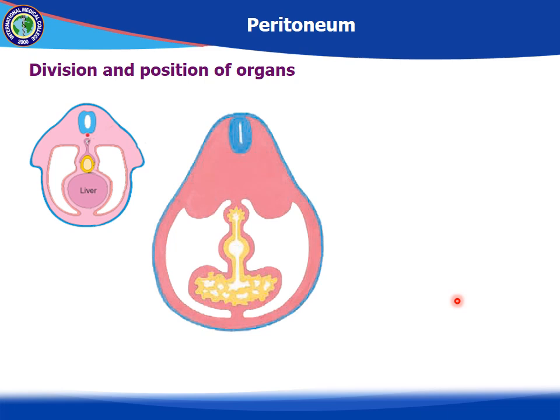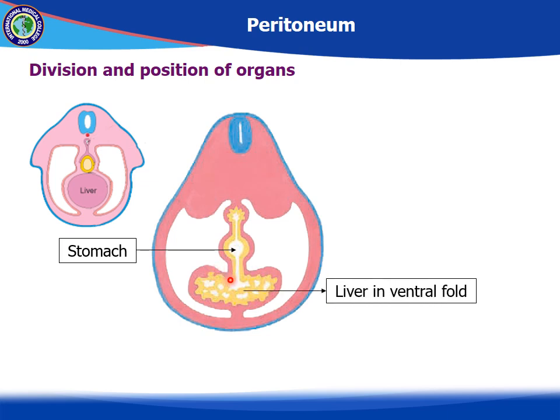This one is the enlarged view of the previous slide. Let us see, this is the developing stomach. It is part of the gut tube, and this is connected to the anterior wall by the ventral mesentery, in which the liver is developing.